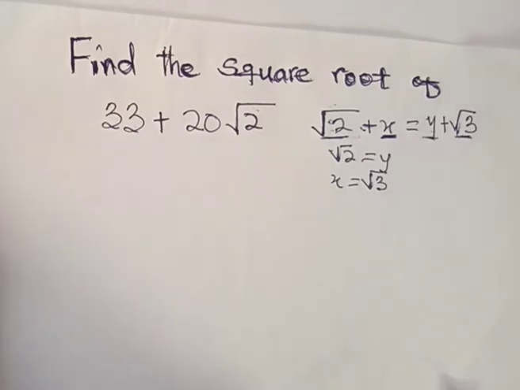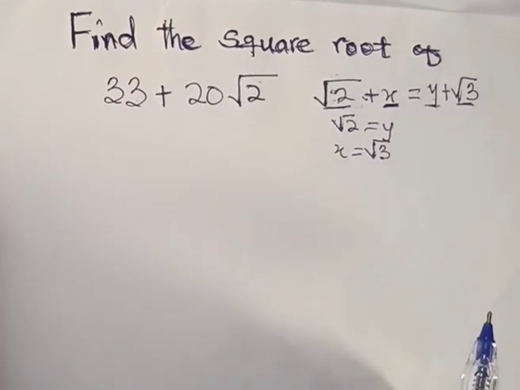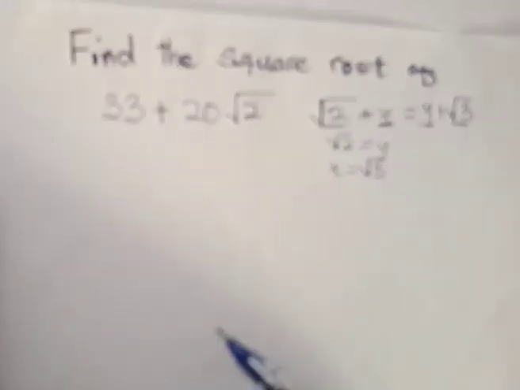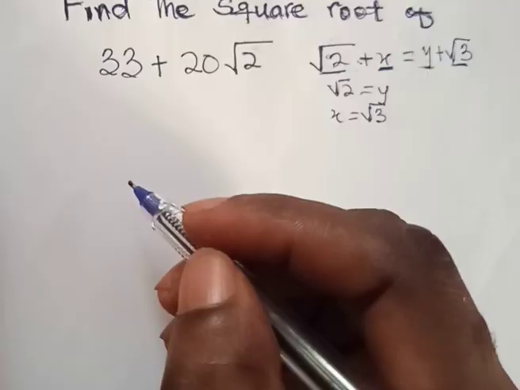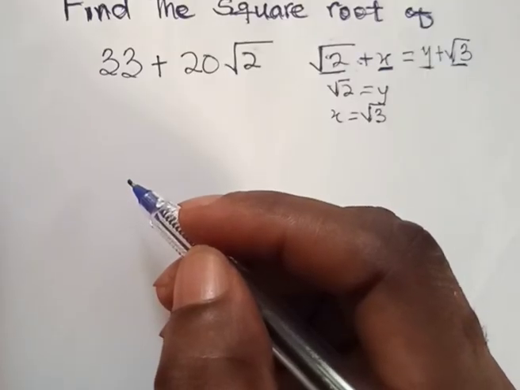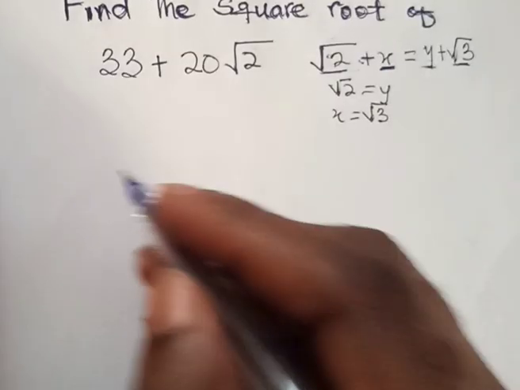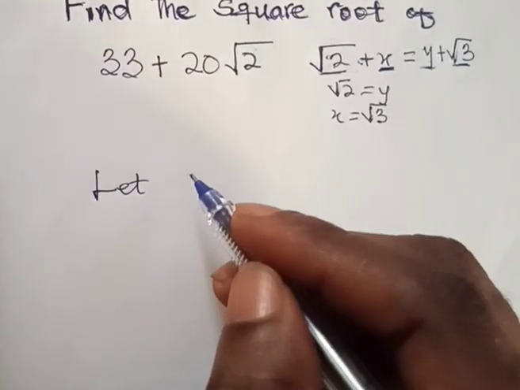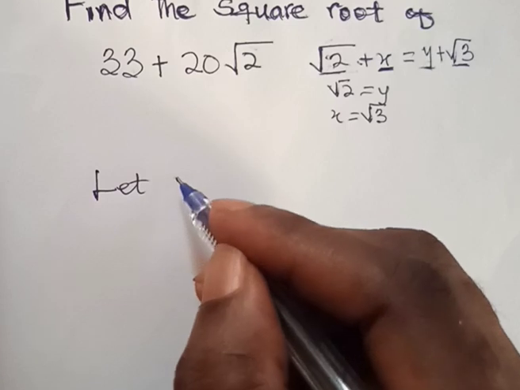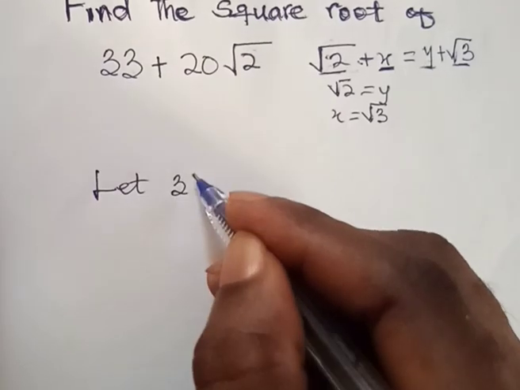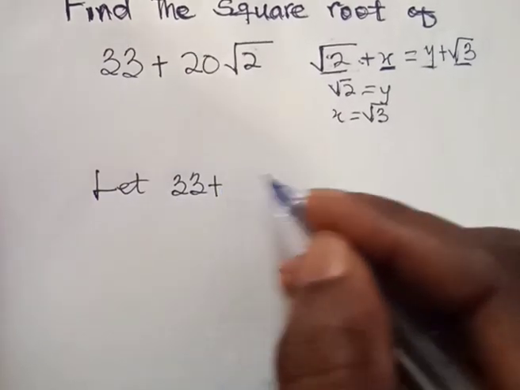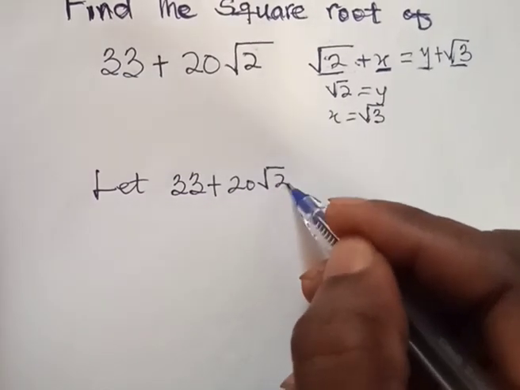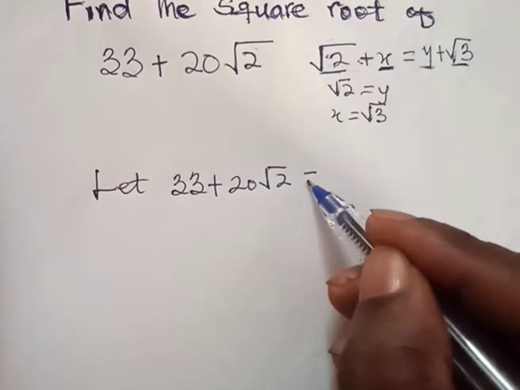All right, great. So whenever you are asked to find the square root of such an example, what you do is you let what is given to you in the question, so you are given 3 plus 20 root 2, be equal to something.